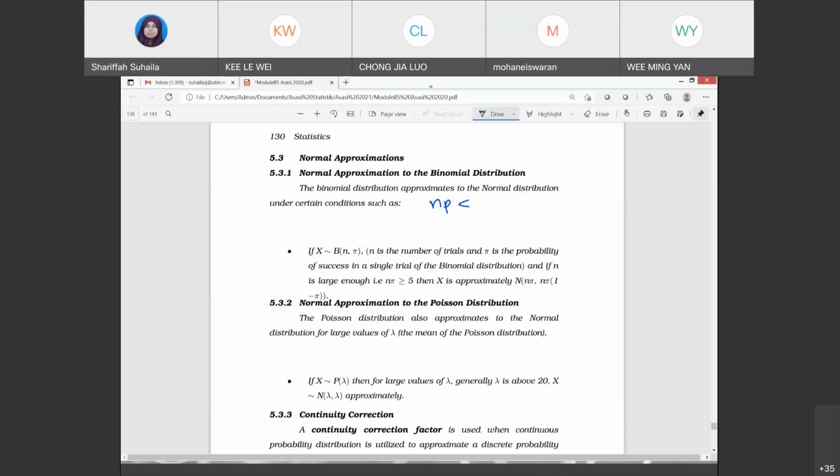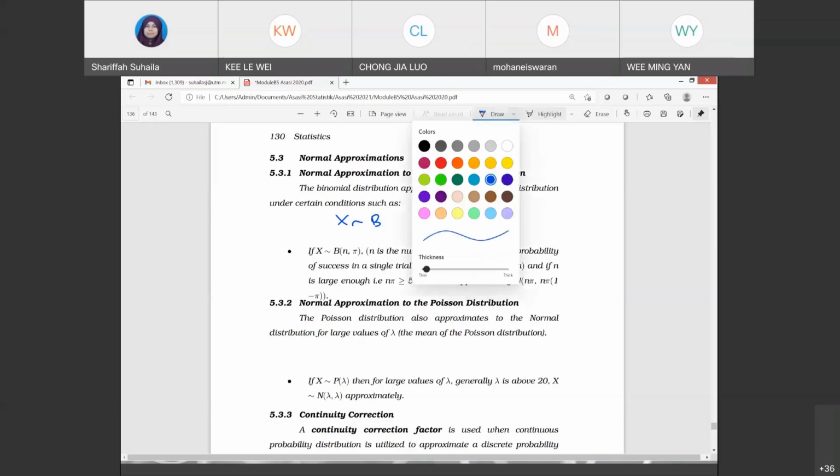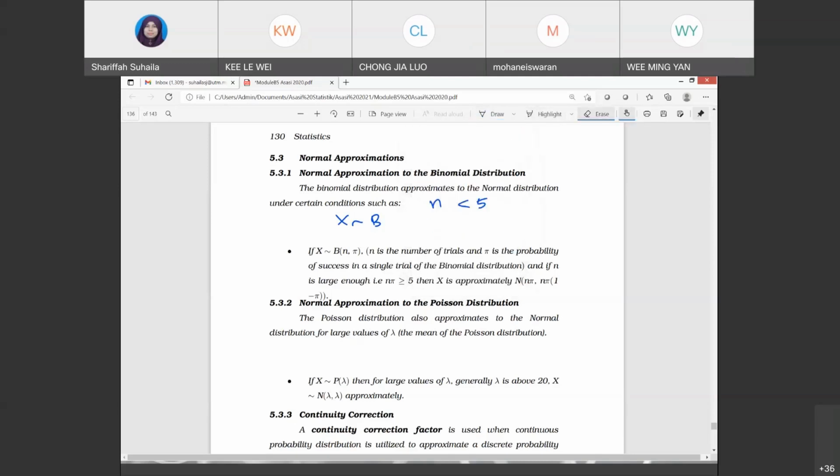Normally your p, or pi, is small, for example 0.1%, so you have 0.00 something. So you check when n pi is less than 5. Instead of p, I just use pi.